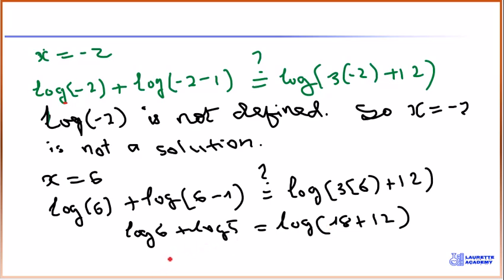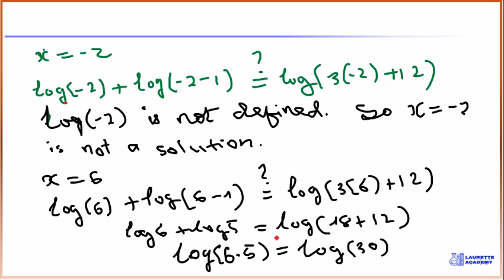We can write the left hand side as log of 6 times 5. Is it equal to log 18 plus 12, which is 30? Okay, is that equal to that?